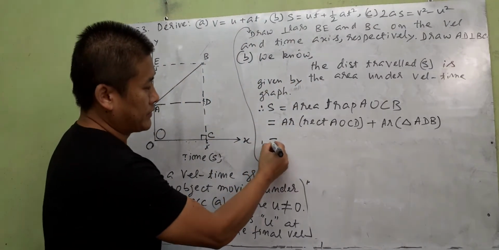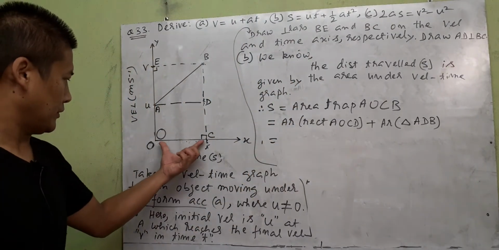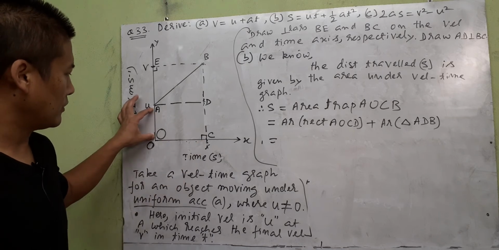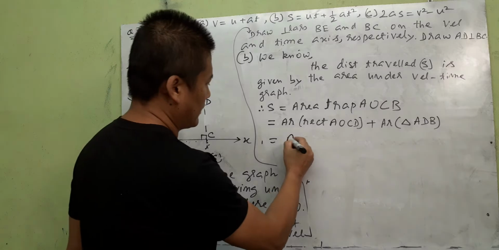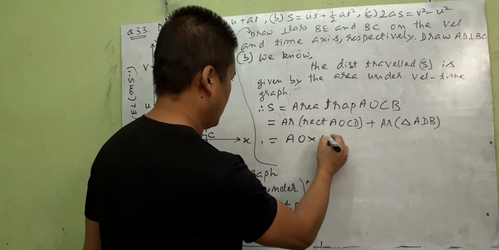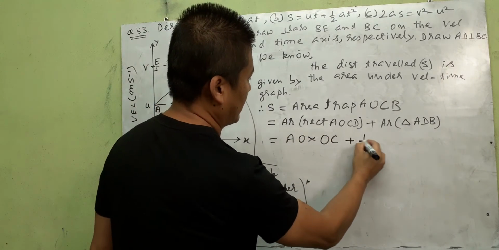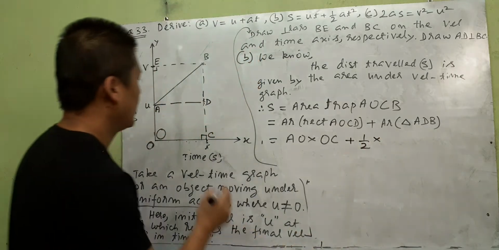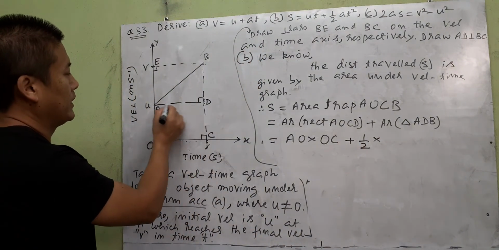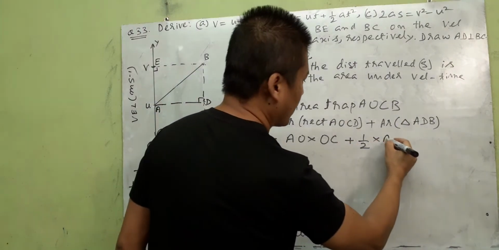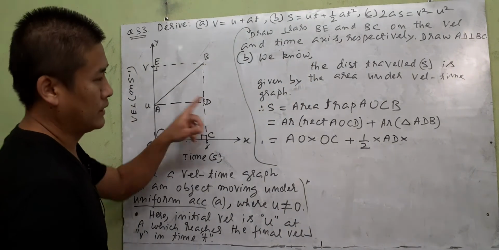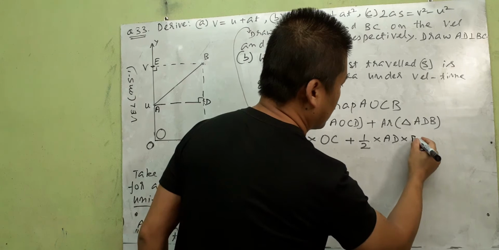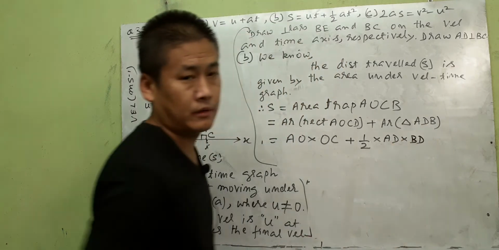Then rectangle area is length into breadth. So you can write OC into AO, length into breadth, that's fine. And area of triangle is half into base into height. We know this is perpendicular, so base will be AD, and the height perpendicular to AD is BD.